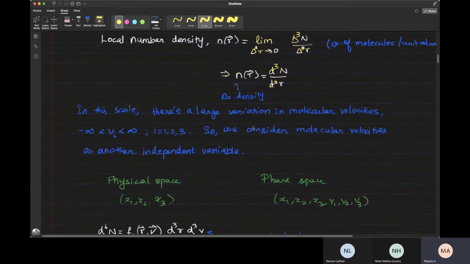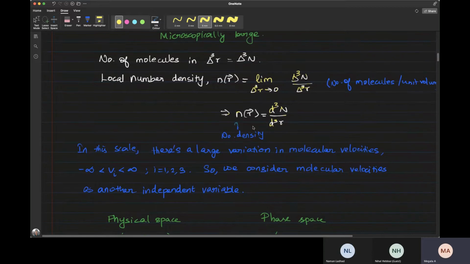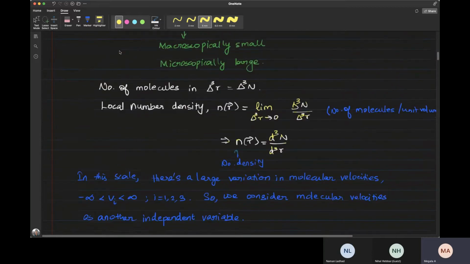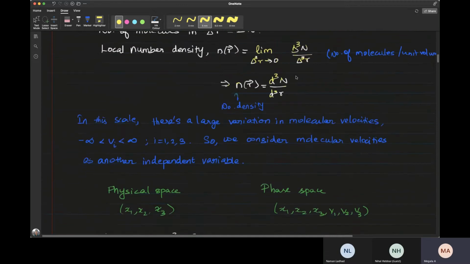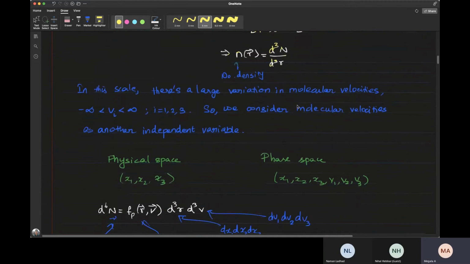Now in this scale, this is number density in physical space, because we have only considered the physical space, delta x, delta y, and delta z. In kinetic theory, we have a large variation in molecular velocities. Velocities vary from minus infinity to infinity, and they take any random value. So it's better for us to consider molecular velocities also as another independent variable.